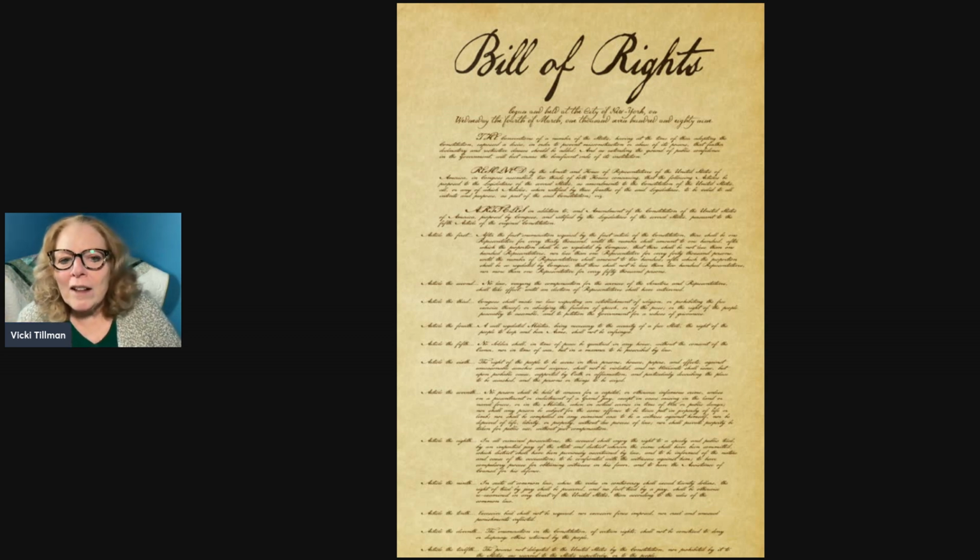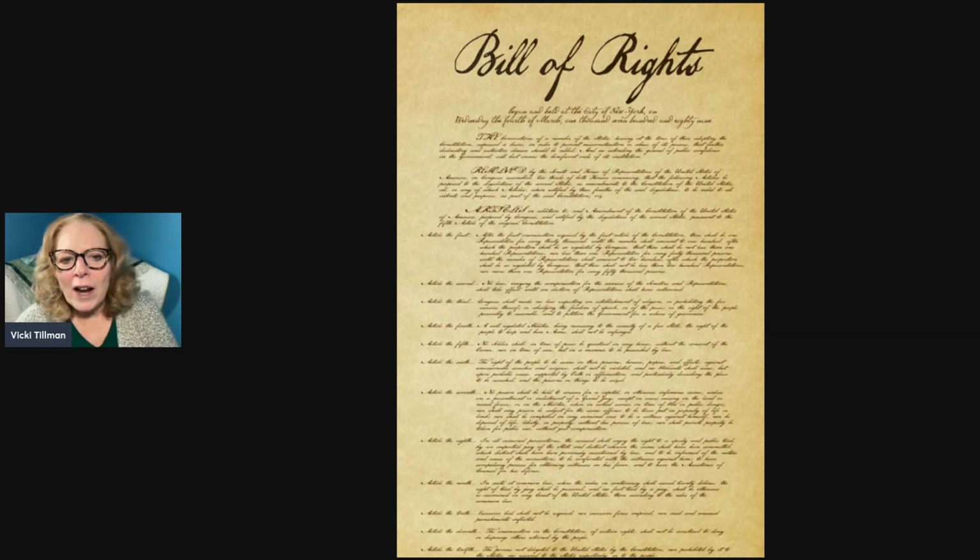Amendment 2, the right to keep and bear arms. It says, a well-regulated militia being necessary to the security of a free state, the right of the people to keep and bear arms shall not be infringed. And we'll go into more depth on the history of that amendment and the arguments about it in the lesson.